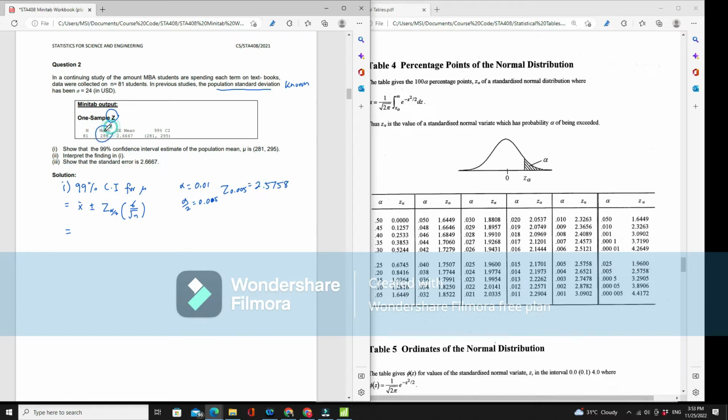X bar, the mean, is 288 plus minus 2.5758 times the standard error of the mean, sigma per square root n, which is 2.6667. So equals 288 plus minus 6.869, equals 281.13 and 294.87, which is equal to 281 to 295, shown.